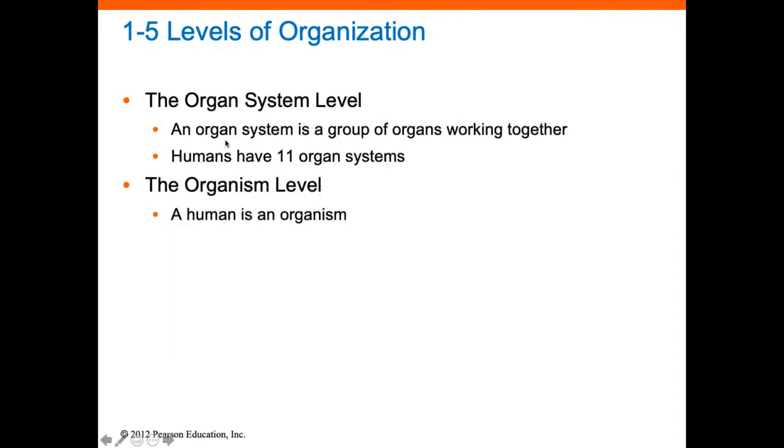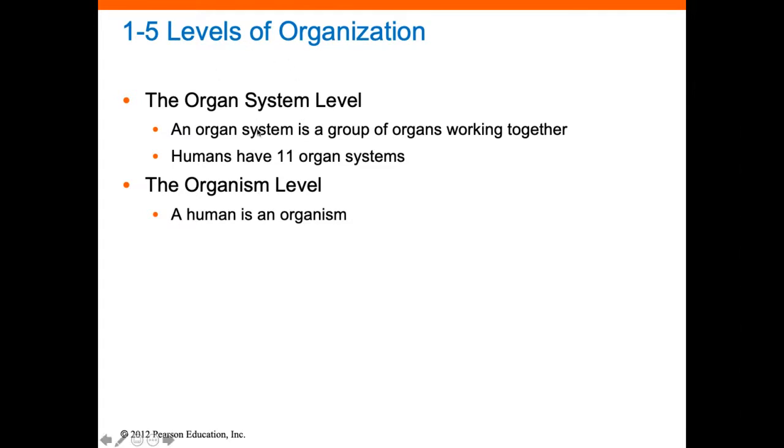And then organs come together and make systems, like your digestive system, the neural system, the cardiovascular system, the immune system, the reproductive system, the endocrine system, the muscular system, the skeletal system. So we have 11 systems.